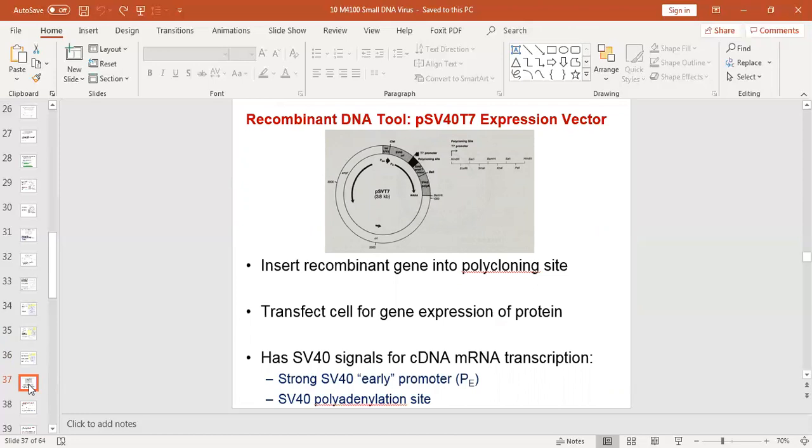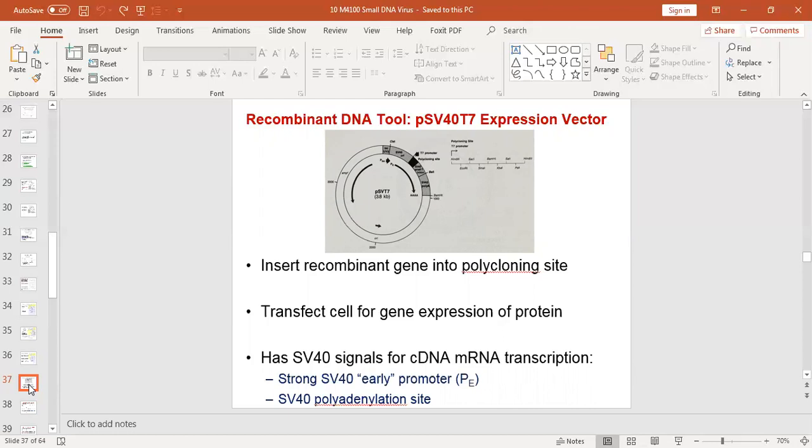The P that you see in front of the SV40 says pSV40T7 expression vector. P stands for plasmid, so it's an SV40 into which we can insert genes of interest and have those genes expressed and have more of them.